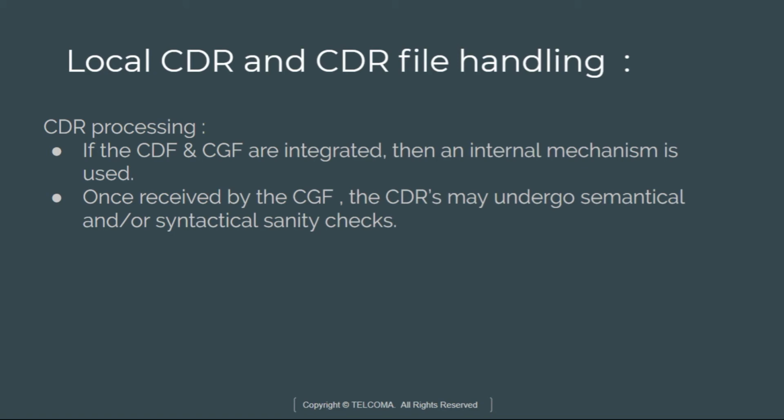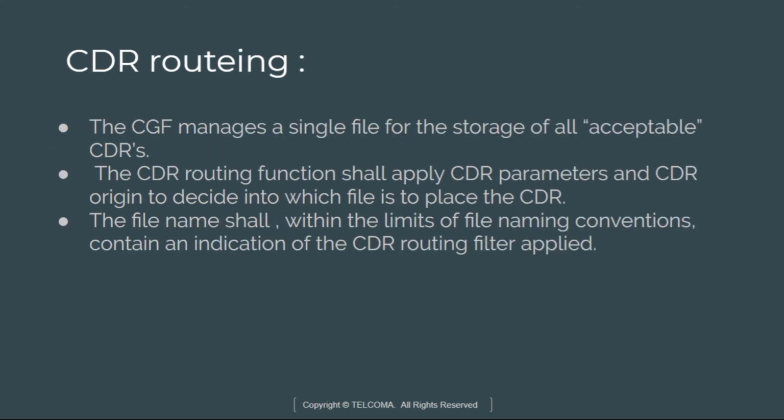Now, if the CGF determines that a CDR is not well formatted, or the gateway checks that the CDRs are incorrect, then the defective CDR parameter shall be filled with an appropriate replacement indicator within the limits of syntax which are allowed for all the parameters.